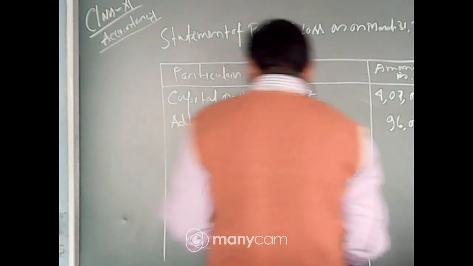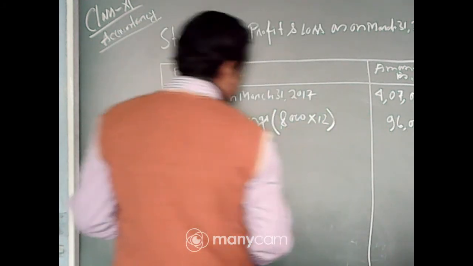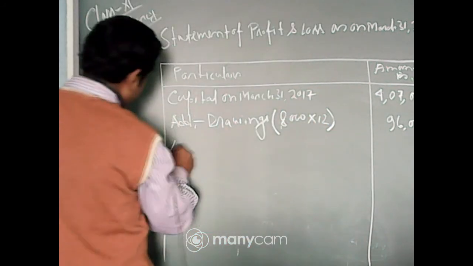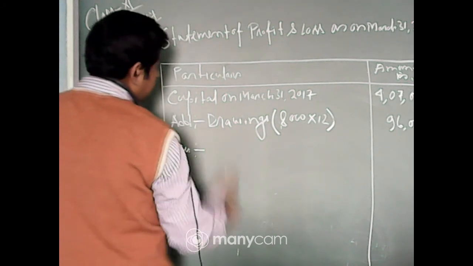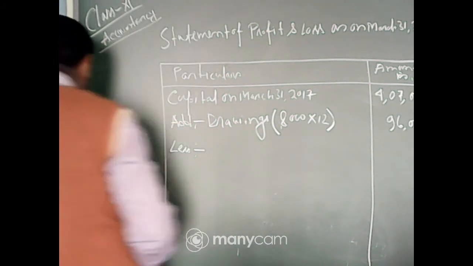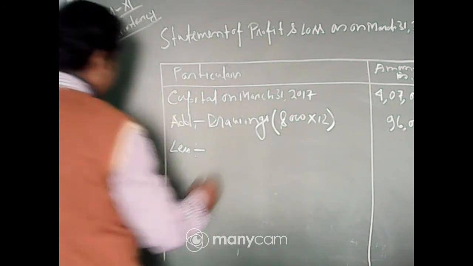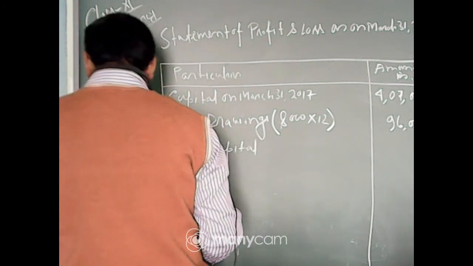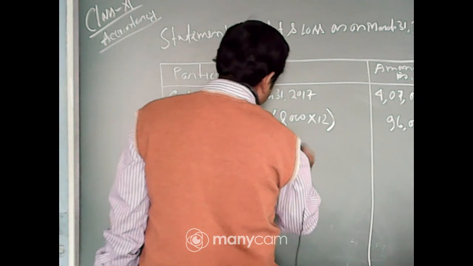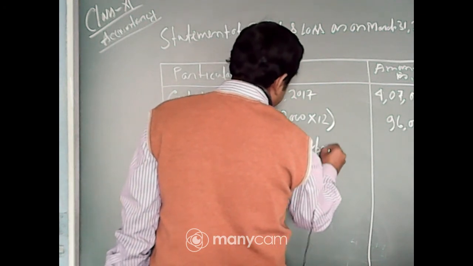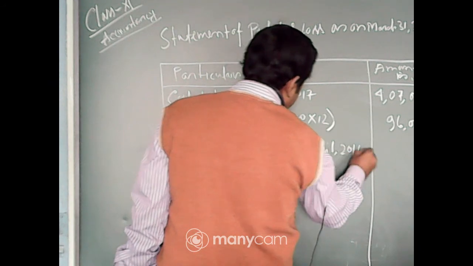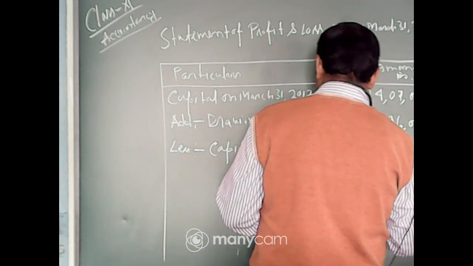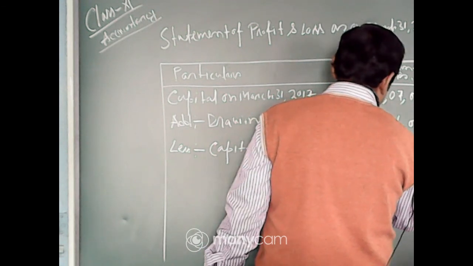Now you can add it also, and last of all you can sum up. Now I am not adding here. Because there is no additional capital, capital in the beginning, capital on 1st April 2016. What is the capital? That is already given, 4,50,000.